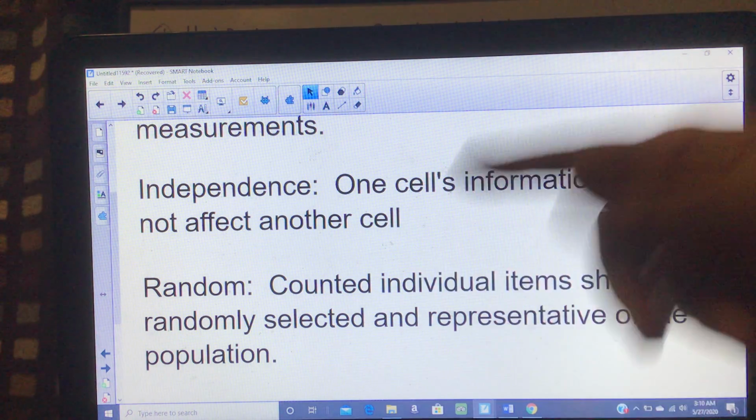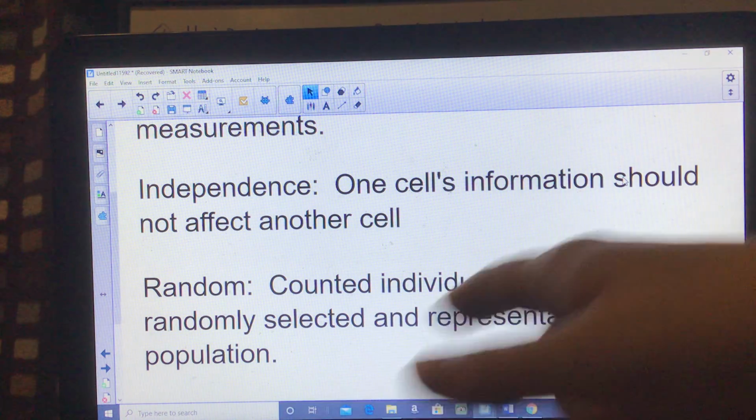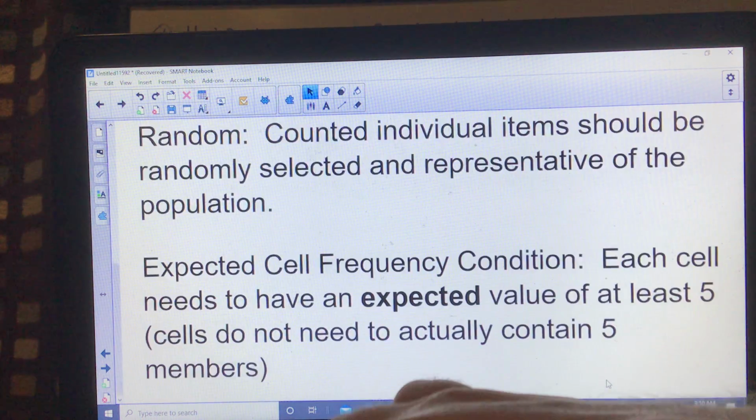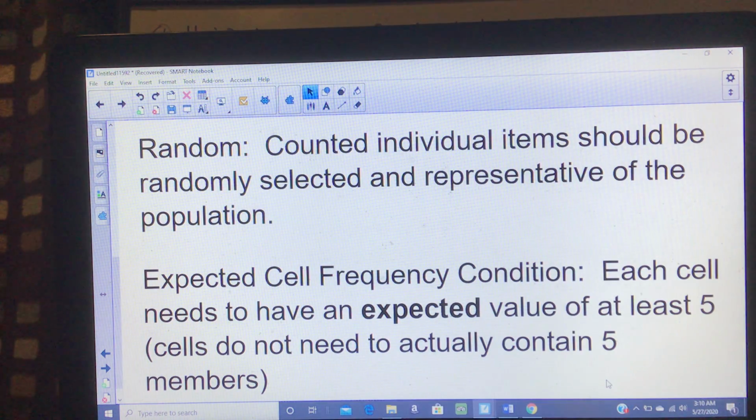We'll assume that this sample is, though it might have helped if they, we don't know if they randomly picked them. Sounds like they picked themselves. But the last condition is to check this thing called the expected cell frequency condition. You always need that condition when you have enough information. Each cell has to have an expected value of at least 5. Beware that the cell doesn't actually have to have 5 members, but if your expected value is under 5, once again, the test, it's kind of too small of a sampling to work.